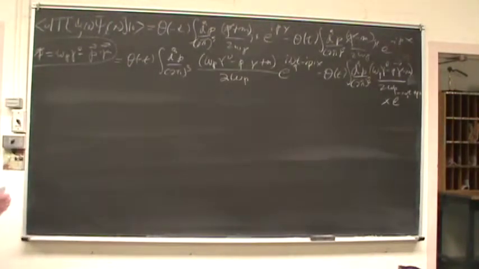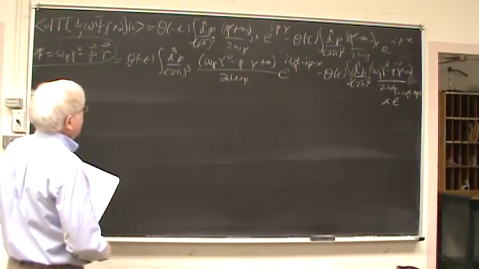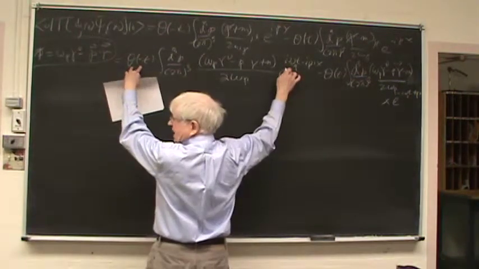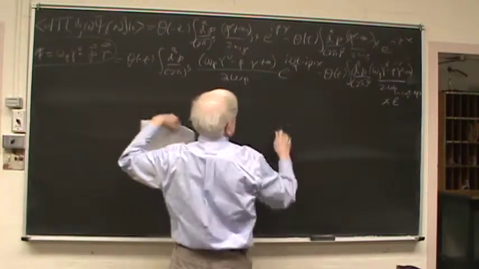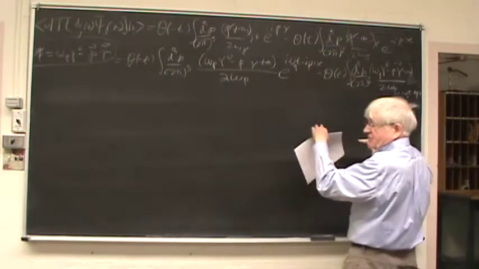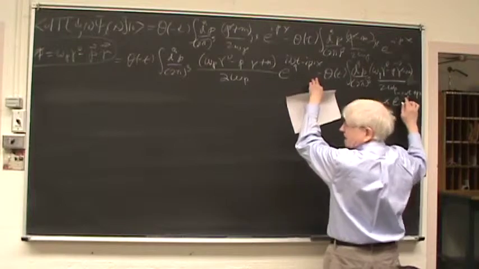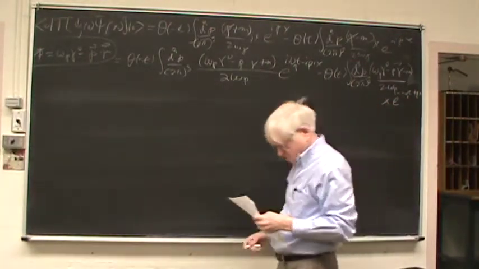Okay. So we can now insert the formulas for the Heaviside functions. And notice what we've got is theta of minus t e to the I omega p t, which is the left-hand side of the first equation. And then we have minus theta of t e to the minus I omega p t, which is the left-hand side of the second Heaviside equation.